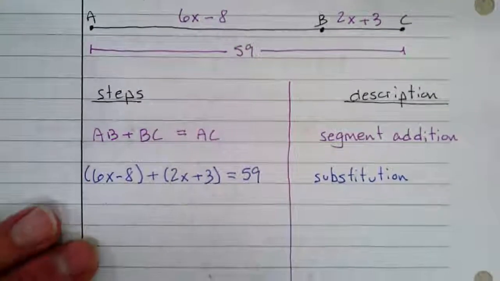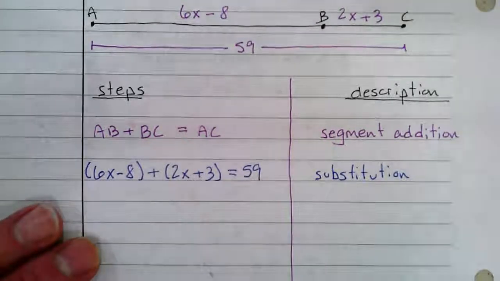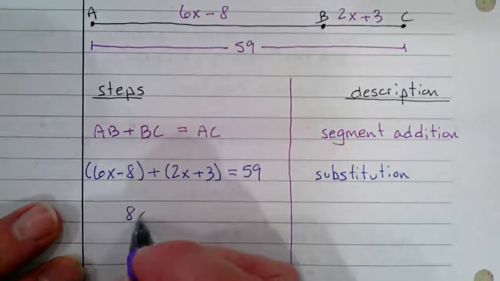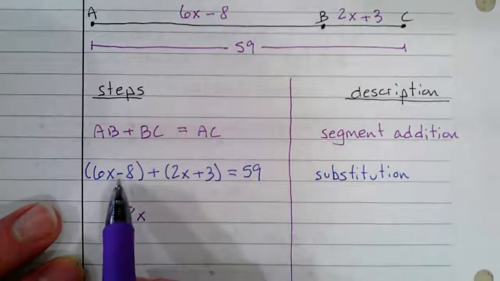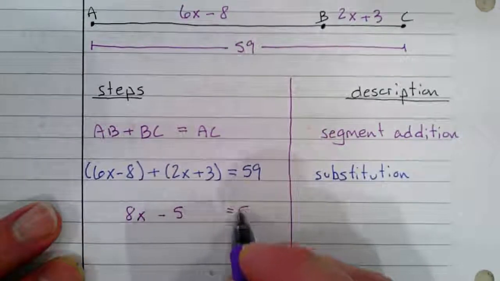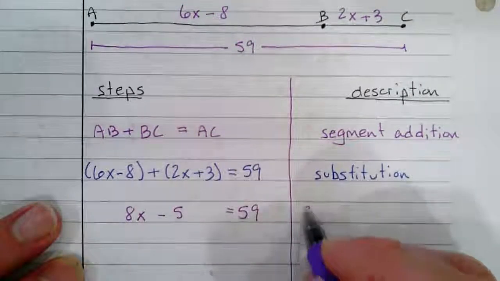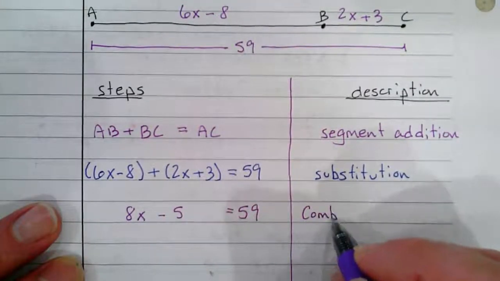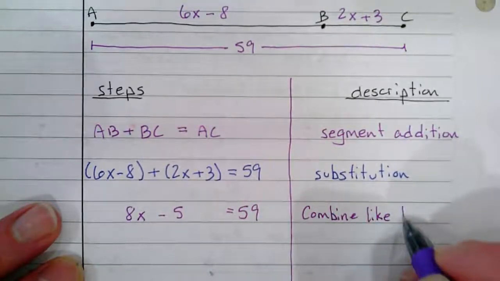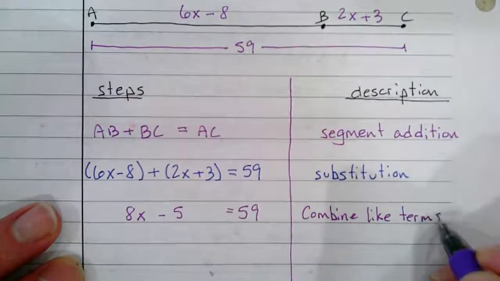Alright, so next we'll do a little combining like terms here. A 6x and a 2x, that's 8x. Negative 8 and a positive 3 combine to make negative 5. And here all we did was combine like terms.